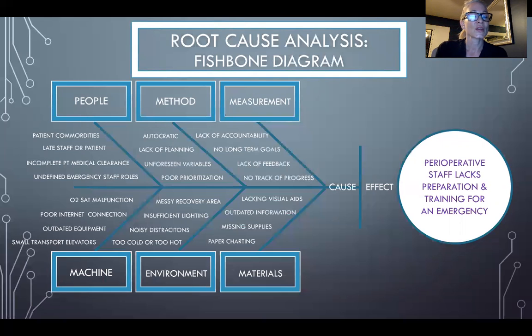So then when we look under machine, we can have an O2 saturation malfunction, which I've had multiple times. Outdated equipment. We actually have really small transportation elevators. All of these are events that need to be assessed prior to and may actually cause an emergency to occur.